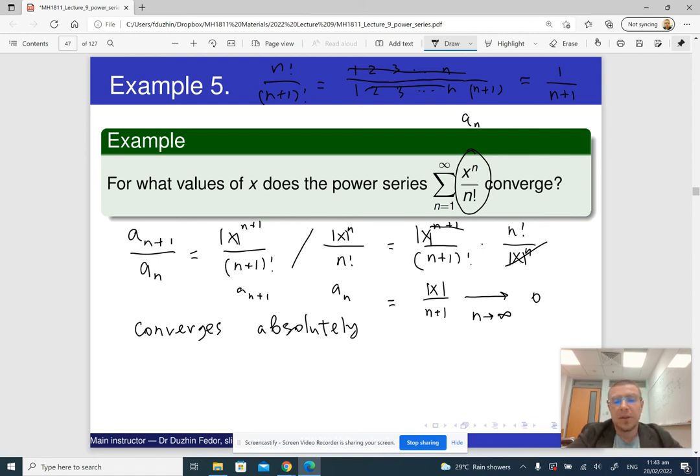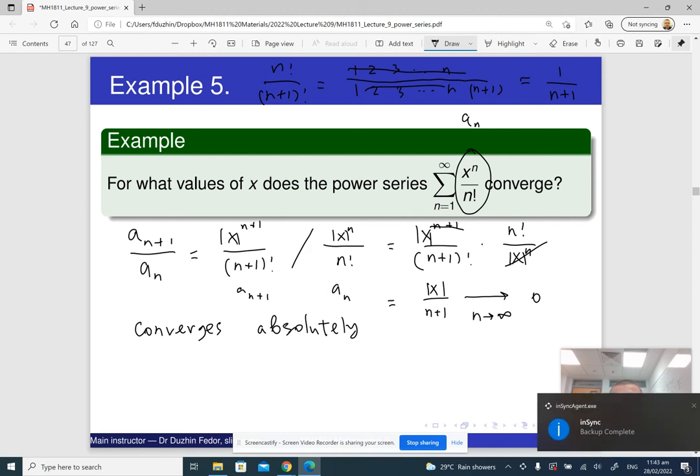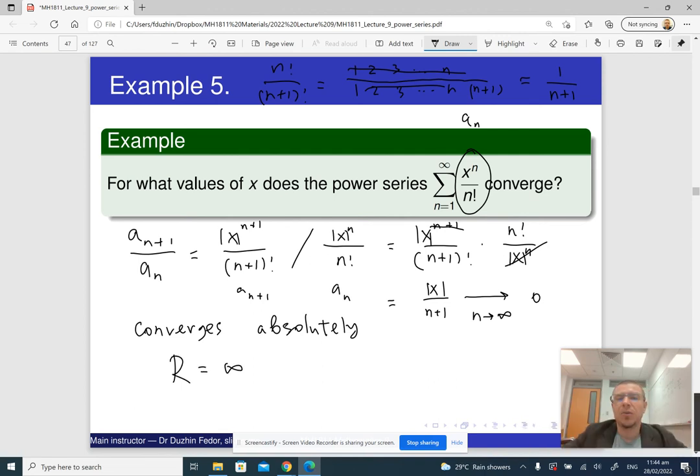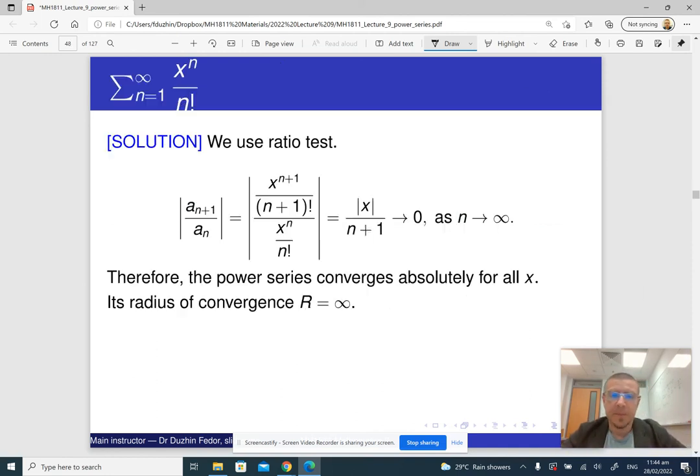All right, so that's basically it. So it converges absolutely, regardless of the value of x, which means R is infinity, right? So the domain of this power series is all values of x, which is the interval from negative infinity to infinity. The domain of this series is the whole real line.